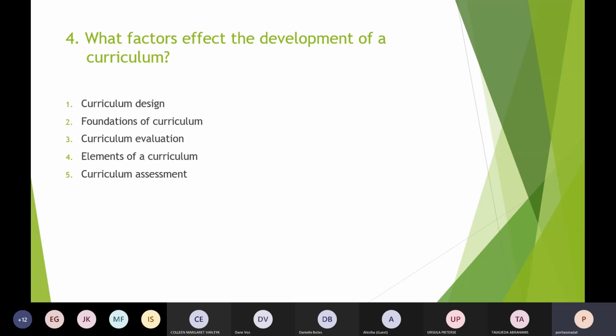So what do you think? To come back to the question, what factors affect the development of a curriculum? Which one of the 5? Number 5, I'd say. You say number 5, the assessment. All right. Anyone else differ? Melandri, what do you think?